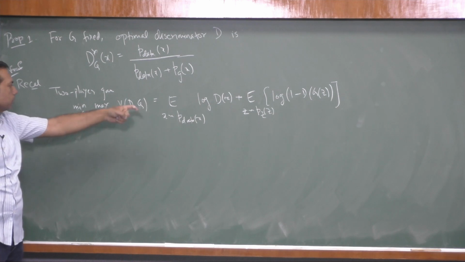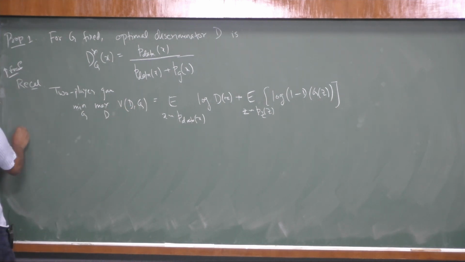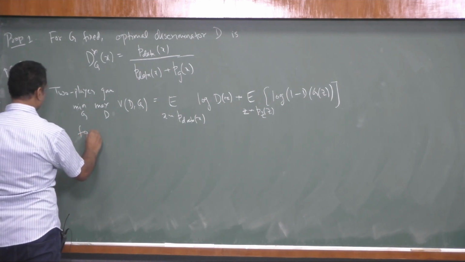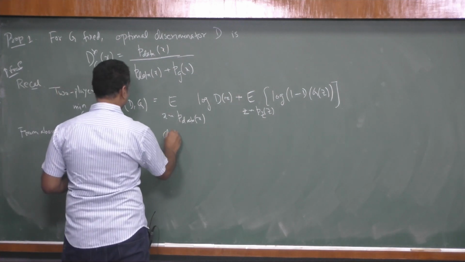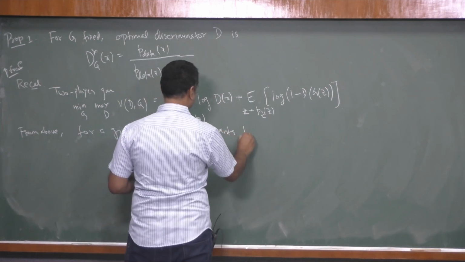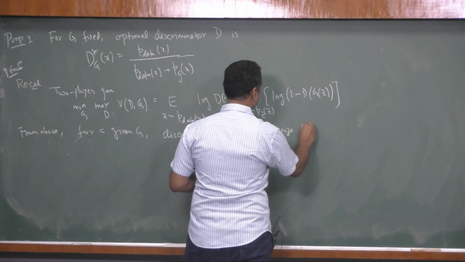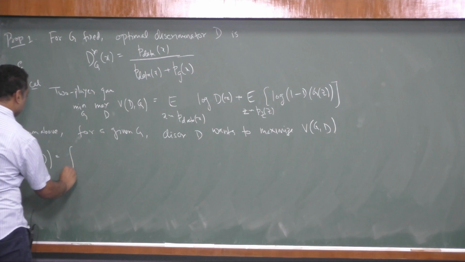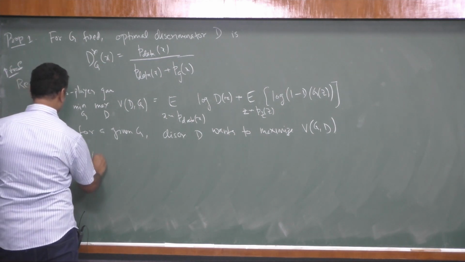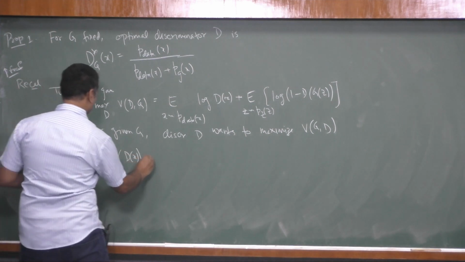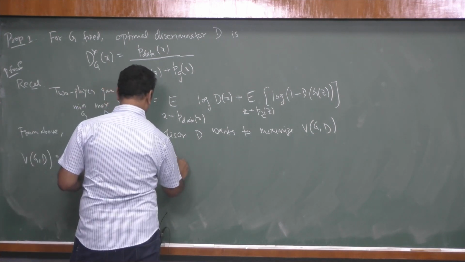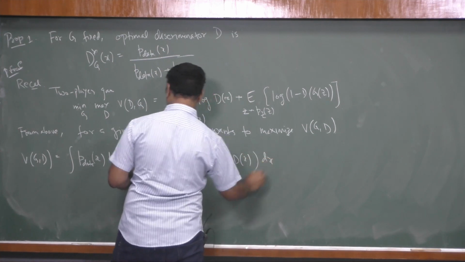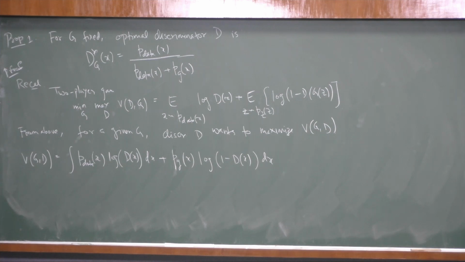So basically it's a maximization just over D. From the equation above, for a given G, the discriminator D wants to maximize V of G, D. If we expand V of G, D as an integral, this is the integral of P data of x log of D of x plus P g of x log of 1 minus D of x.